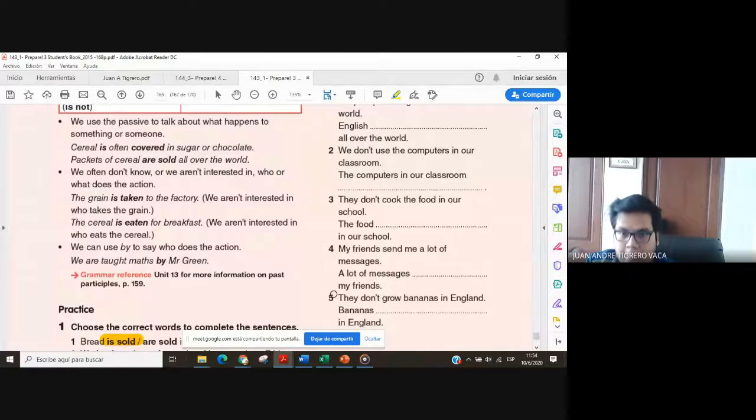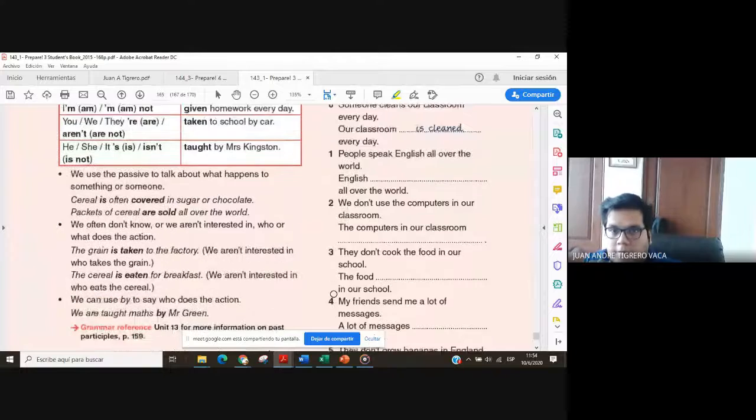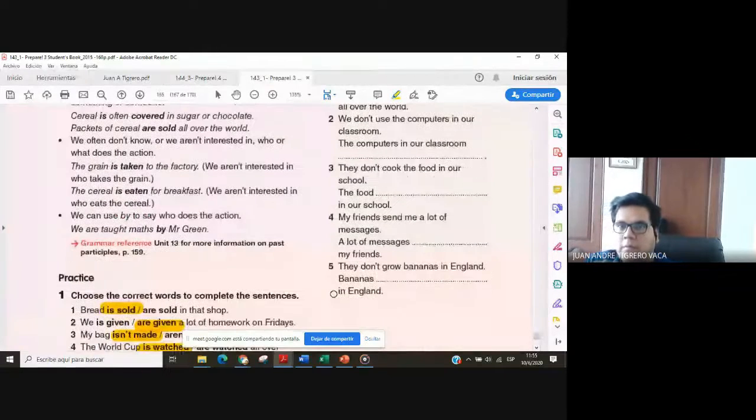Ahí recuerden que miren, si está en negativo como en esa, ¿cuál es el negativo del verbo to be en singulares? Isn't, ¿no? Entonces, ahí va isn't. Y en la número 5, si ven que es they don't, ¿cuál es el negativo del verbo to be en plural? Are not o aren't, ¿no? Entonces eso deben tomar en cuenta al momento de escribir.